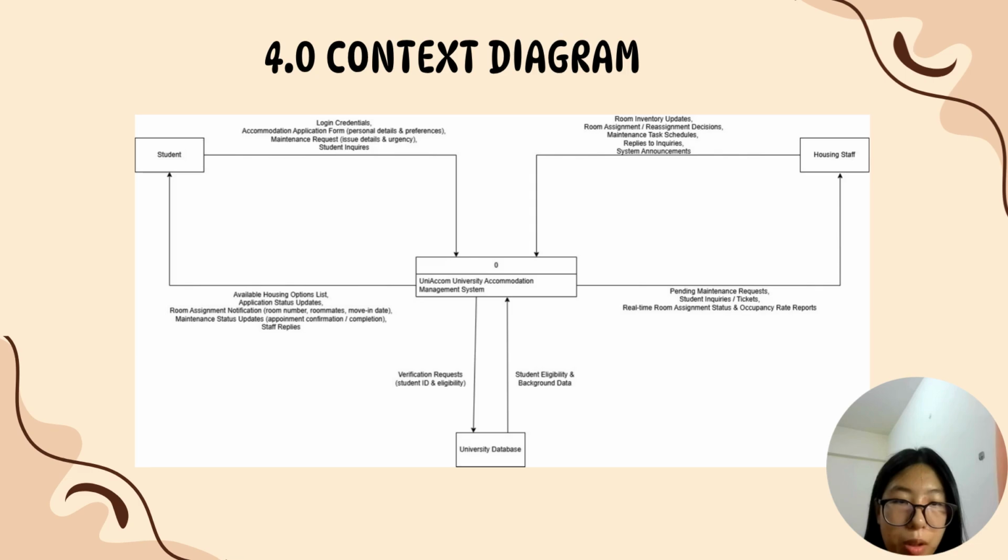The housing staff provides room inventory updates, room assignment or reassignment decisions, maintenance task schedules, replies to inquiries, and system announcements. The system in turn sends pending maintenance requests, student inquiries or tickets, and real-time room assignment status and occupancy rate reports directly to them.